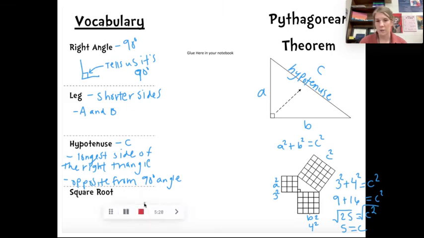Okay, and square root. We use the square root to find the measure of the side length. So remember, when we use this formula, that gives us the area of the square, but we then have to square root it to find the side length of the triangle or of the square.